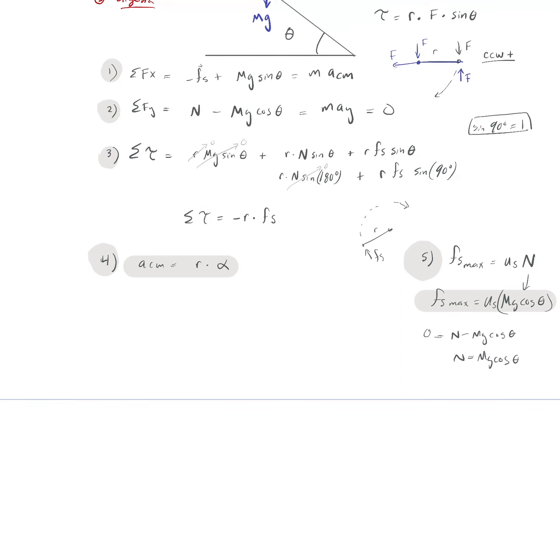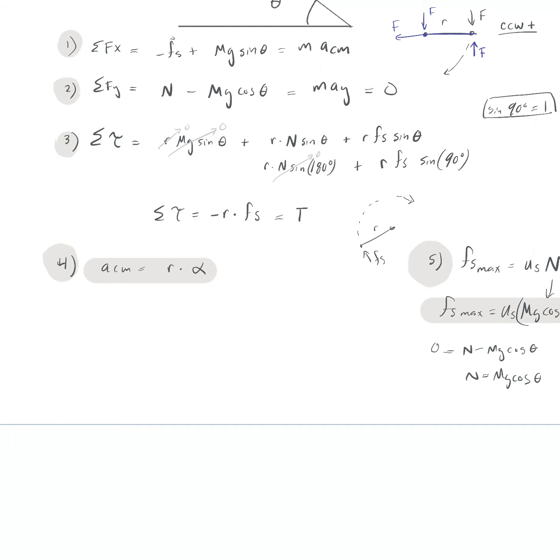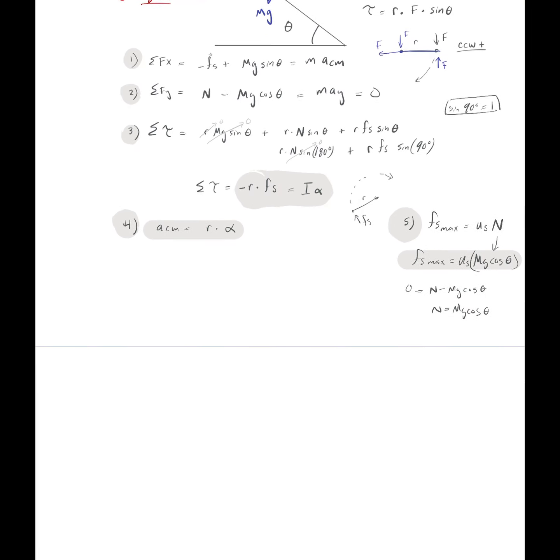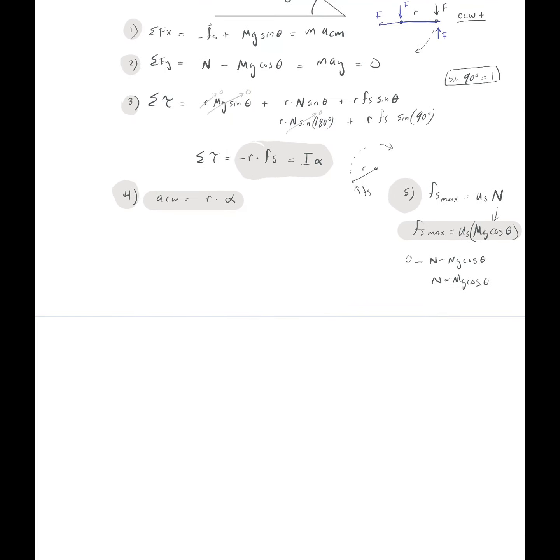Let's look at how we're going to approach our algebra. I want to combine. I know that this torque is equal to I alpha, like we said before. So let's put some stuff together here. I have negative R times the frictional force, so mu s mg cosine of theta.